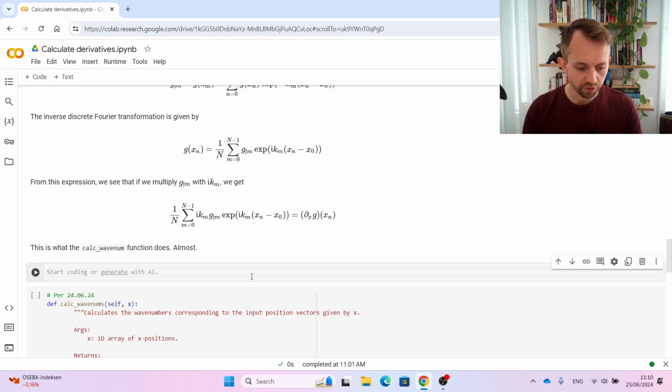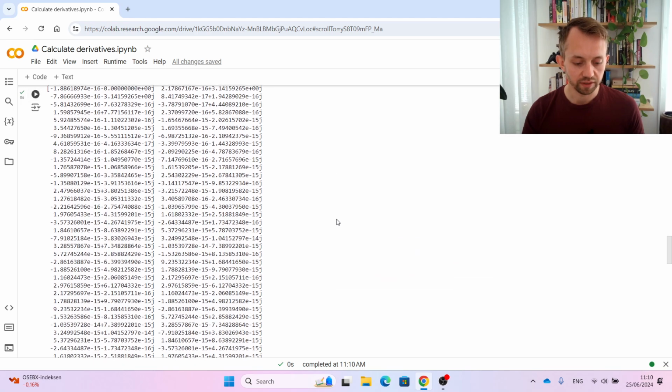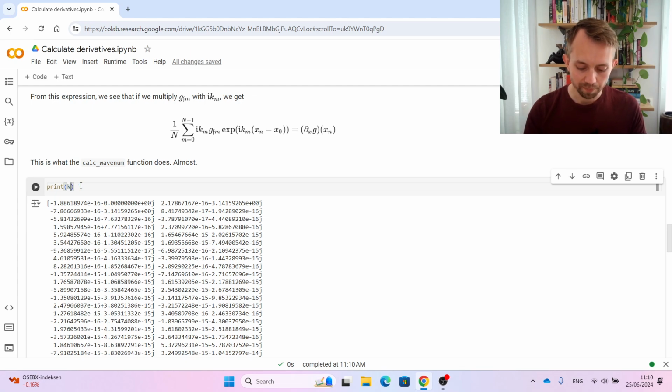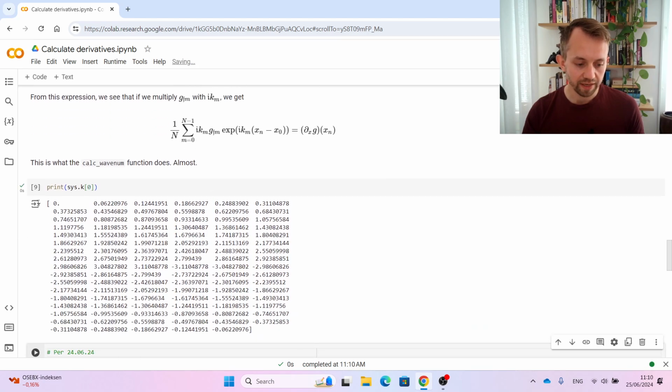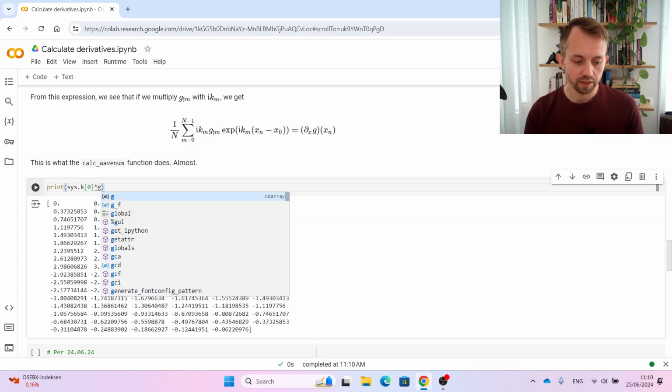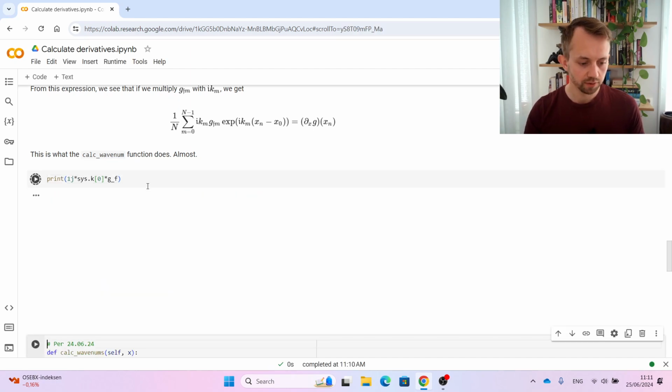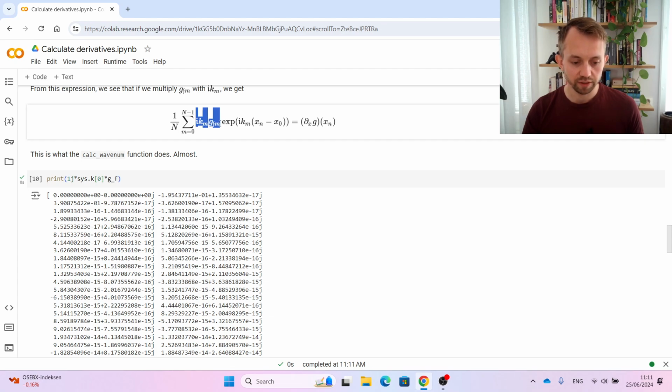Just to show you, if I print the value of gf, the Fourier transform of f that I calculated, you can see that it contains an array of all the coefficients gfm, and then the km, the sys.k0, has been calculated using the calc wavenum function upon the initialization of the instance, and it contains the wave numbers km, so k0, k1, k2, k3, k4, etc. So when I'm multiplying k0 times the Fourier transform of f, and also with one j, since the i in Python is j, I get this thing here, which is what I'm putting inside before doing the inverse Fourier transform to get back the derivative of the function.